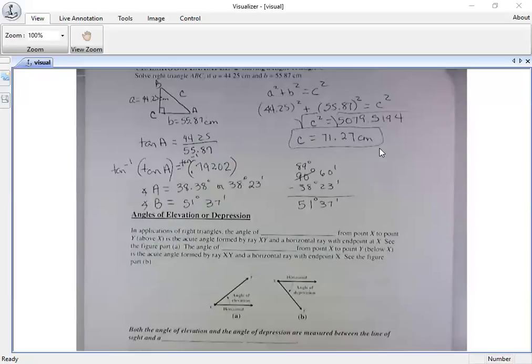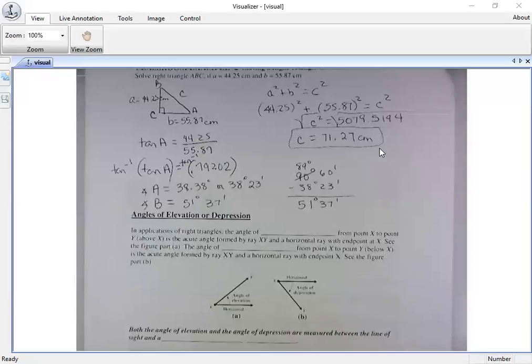But you could measure up to the top of a building that's probably a little hard to get a tape measure on and measure how high that building is, or a tree. And you could use an angle of elevation and use trig to help you find missing heights.